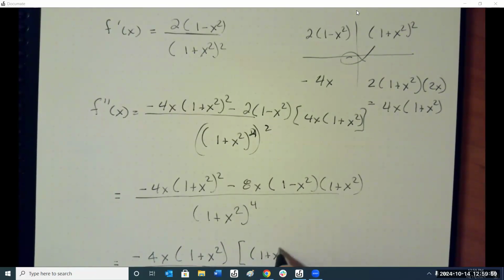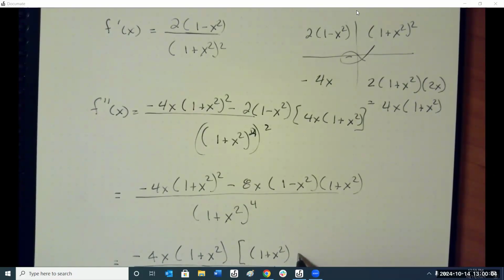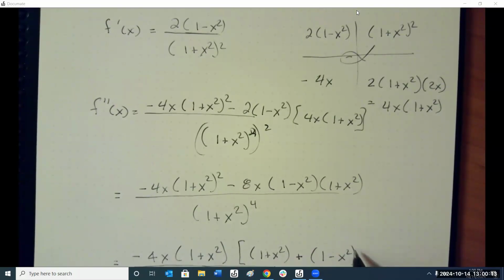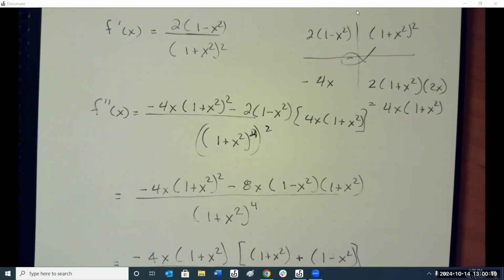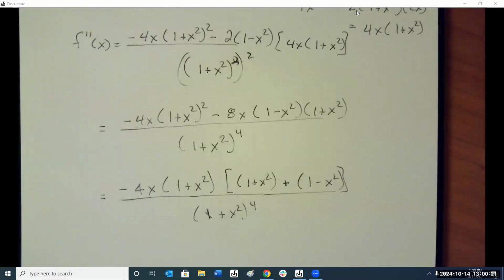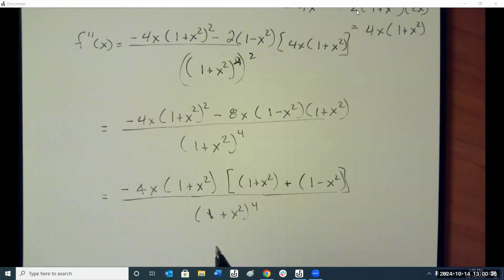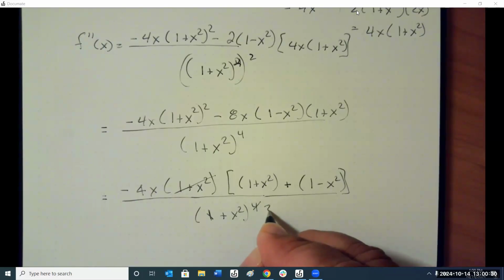So 1 plus x squared plus 1 minus x squared, over 1 plus x squared to the fourth. One of these can cancel with one of these.